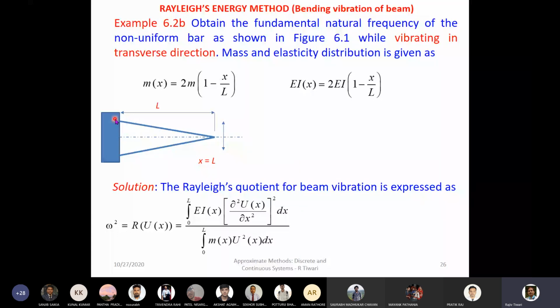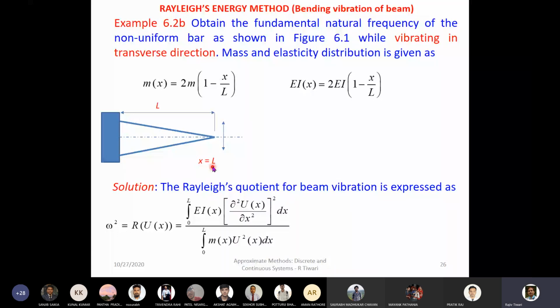So that means u double prime at x is equal to 0 should be there, and shear force is also 0. So u triple prime, the derivative with respect to x, also should be 0. So here boundary condition requirements are more demanding. Just try out some polynomial which will satisfy the geometrical boundary condition of the cantilever beam and the natural boundary condition of the beam.